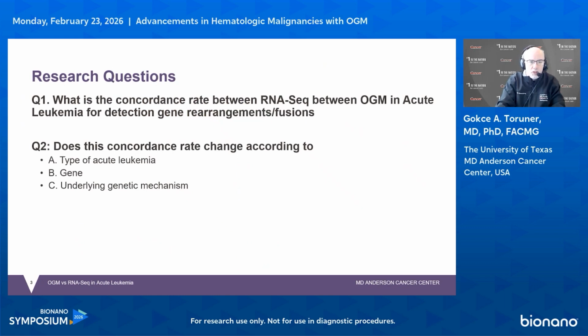So the formal question that we were asking is, what's the concordance rate between RNA-seq and OGM for detecting gene rearrangements and fusions? And is this concordance rate changing according to type of leukemia, the gene, or the underlying genetic mechanism?